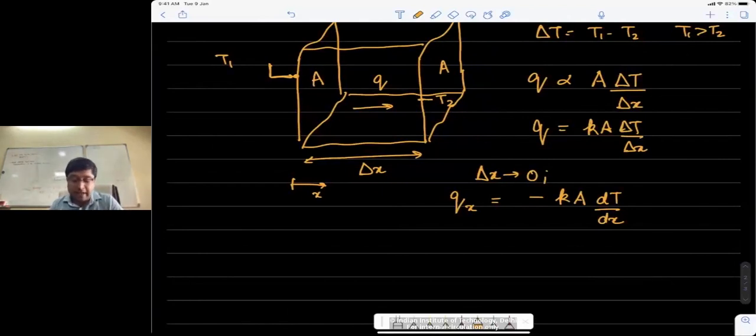So dT/dx will always be negative as we go in the direction of heat transfer. So a negative sign ensures that the heat transfer rate is positive. And this also allows us to write flux as minus k dT/dx.